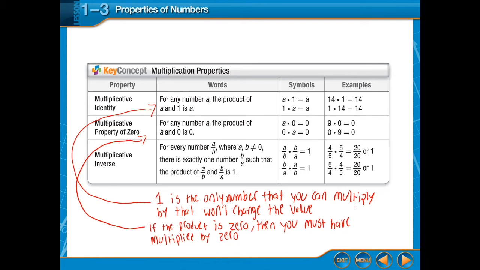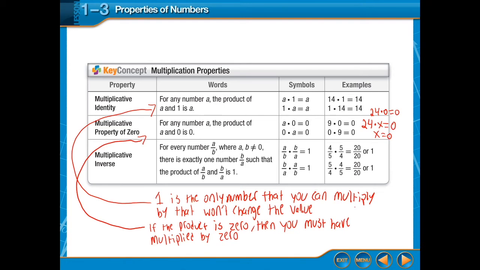There is no number you can multiply, like 24 times some fraction, it will never give you 0. The only way you will get 0 is if you do 24 times 0. So if you have 24 times x equals 0, then the only way that this is true is if that variable is equal to 0. It must be 24 times 0 equals 0. So then x is 0.